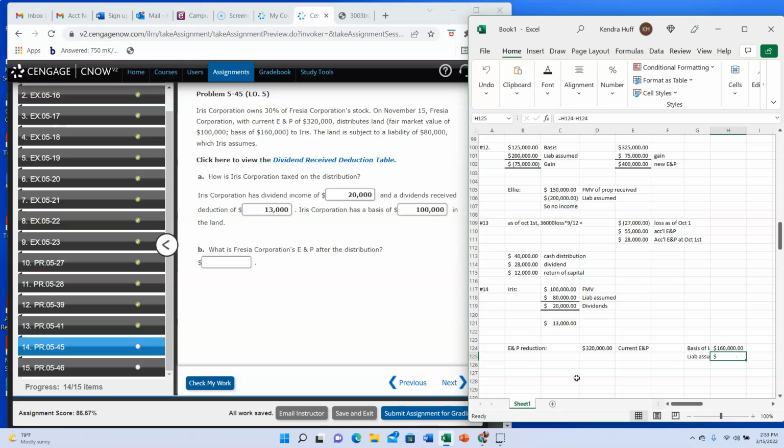So the difference is 80, and that is the reduction to E&P. So our new E&P is 240.